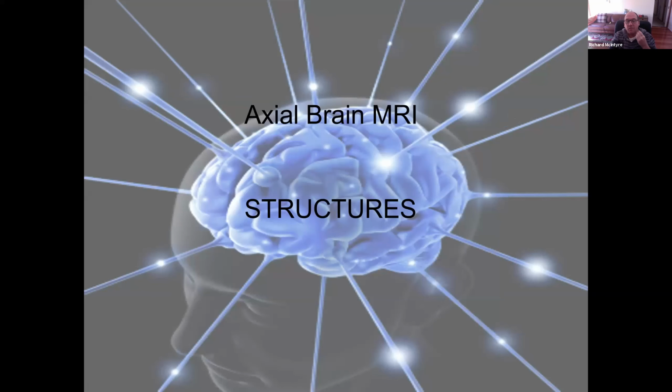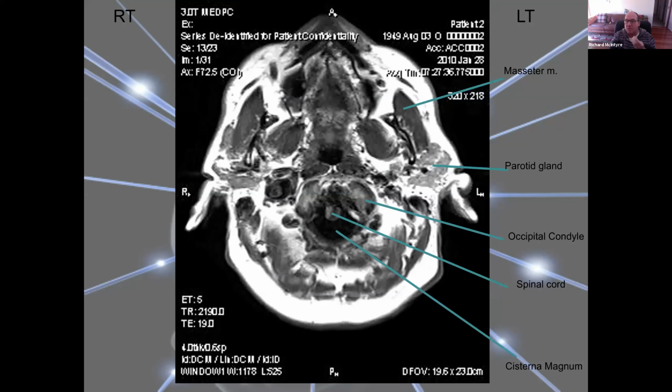Now we're going to have a look at the same image, and we're going to have a look at the structures. We can see the intensity of the muscles, so the masseter muscle that helps you chew. The parotid gland, which makes saliva. You can see the structures in it.